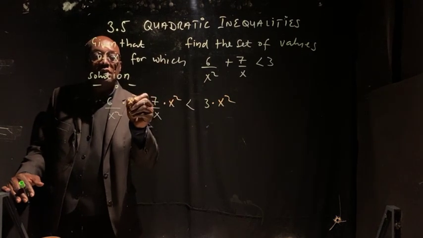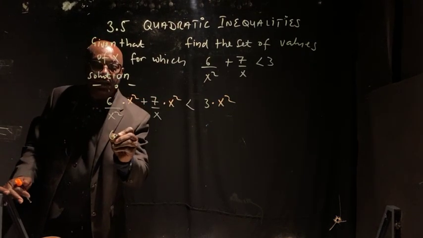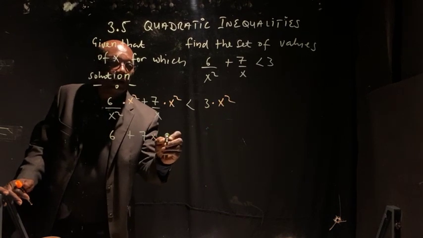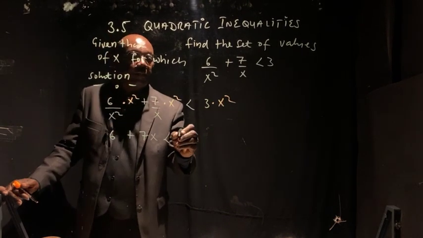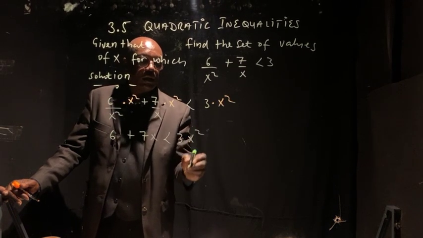So this x squared and x squared will cancel out. So we'll be left with 6 plus 7x less than 3x squared.